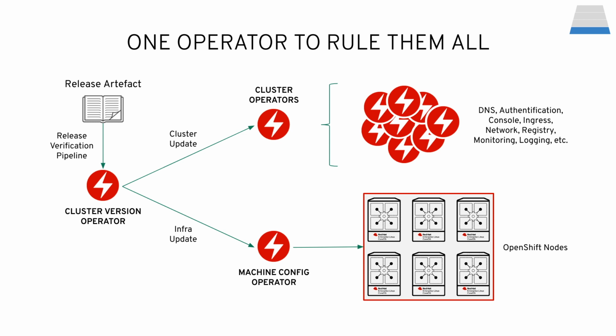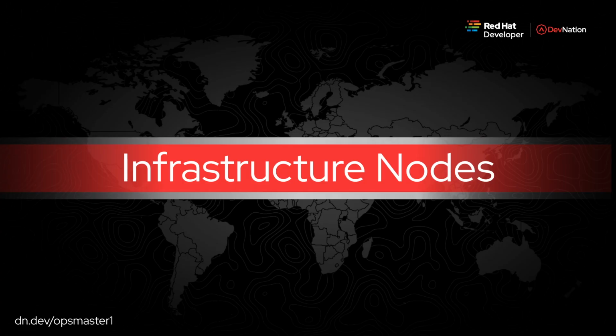Would you like me to apply it? And when you click the button, the cluster version operator updates all of the other operators, and then those operators look at what they're supposed to be paying attention to, and if changes are needed, they make those changes. This is the way that we do fully automated over-the-air updates with OpenShift 4, all using the power of operators.